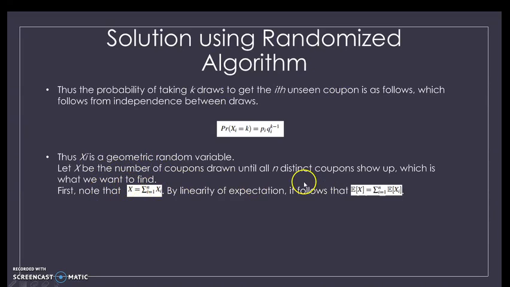X is the number of coupons drawn until all n distinct coupons show up, which is what we want to find. Note that X equals the sum of Xi for i equals 1 to n. By linearity of expectation it follows that expectation of X equals the sum for i equals 1 to n of the expectation of Xi.